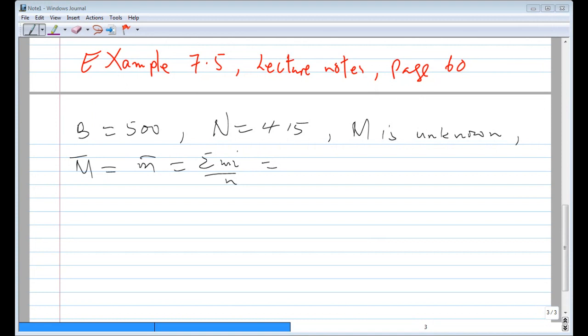The summation of Mi is 151, and N is 25. And the value is what? 2506.05.